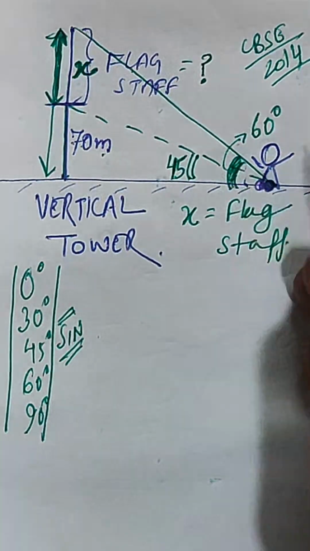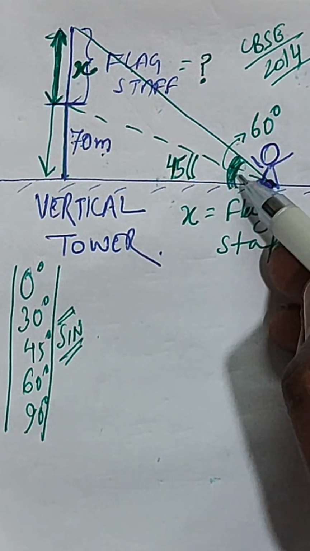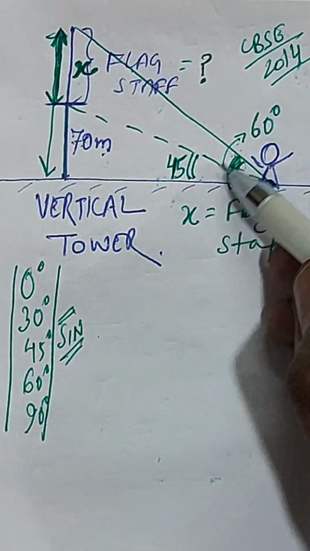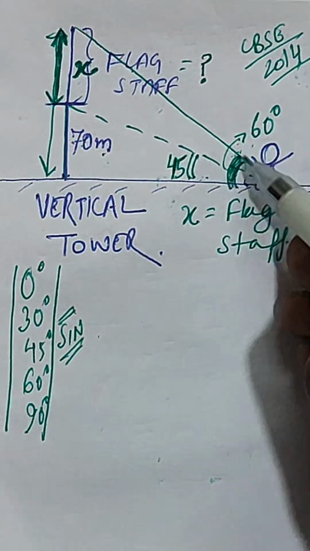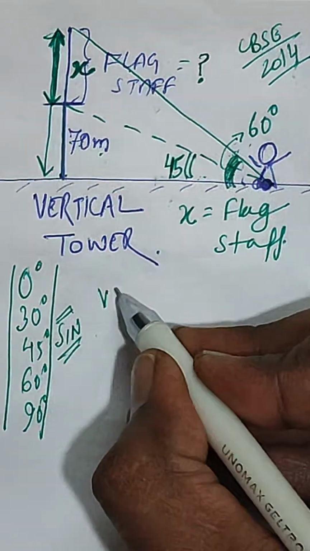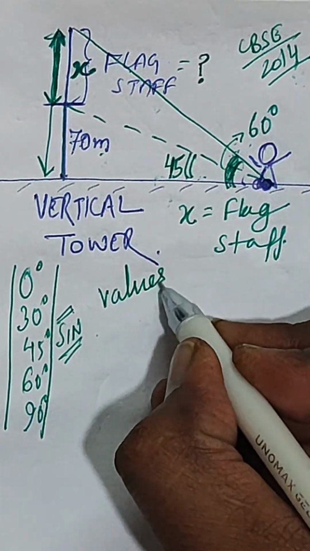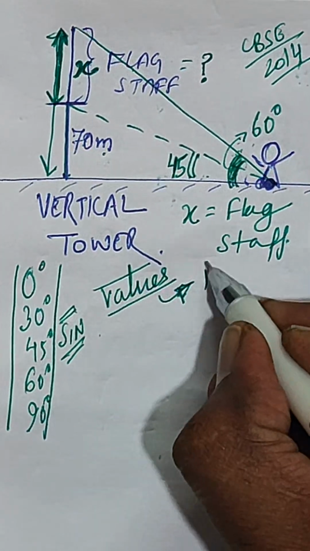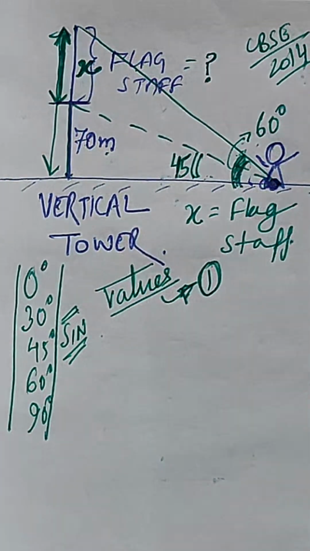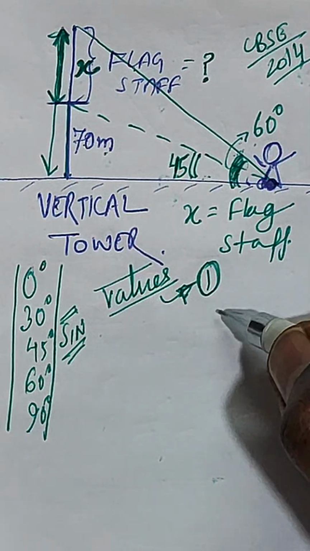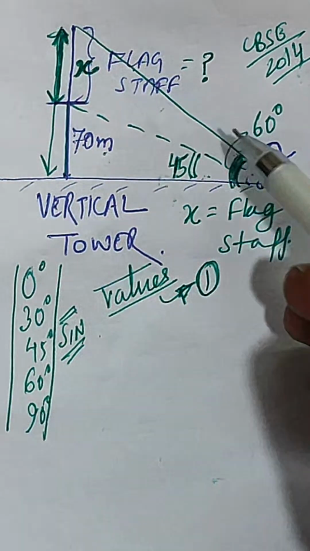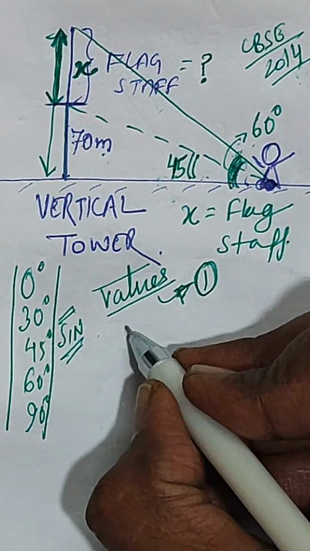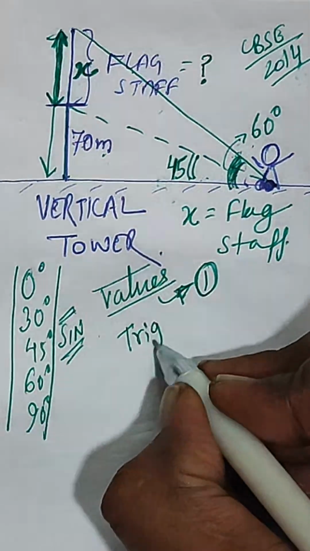So the first point which I was saying, you know the values of these trigonometrical ratios for these angles, right? This is point number 1 which you should know, and number 2 which you should know is which trigonometrical ratio should be used at which place.